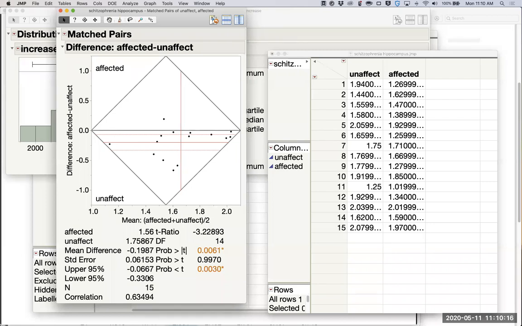I can simply say that between the two groups with these paired data, there's a noticeable difference, and that difference is such that whether a hypothesis test, we're saying there is a difference, or the confidence interval, we're telling you the size of that difference. And if I was a brain scientist, I could tell you whether a hippocampus volume of 0.06 is of practical significance or not. It's certainly statistically noticeable, however.